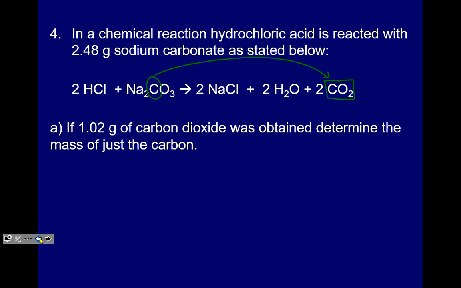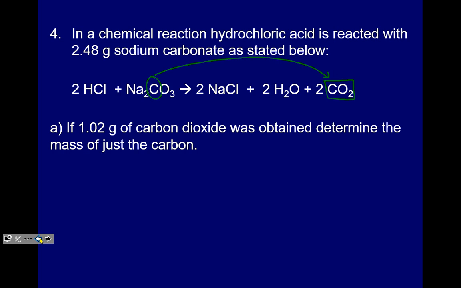So we can determine the mass of the carbon dioxide. So in order to get the mass of the carbon, we need to determine how much carbon is in that carbon dioxide. Once we know that, we'll know the mass of the carbon. We know the mass total, 2.48. So I need to know how much carbon is in 1.02 grams of carbon dioxide.